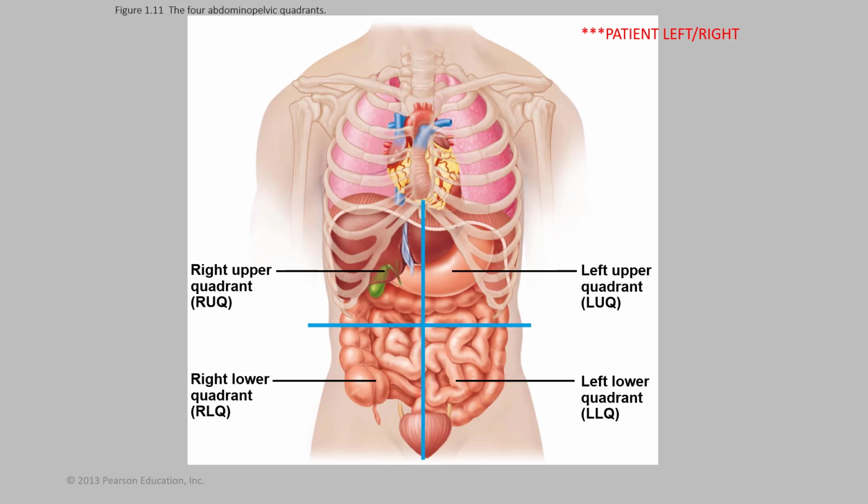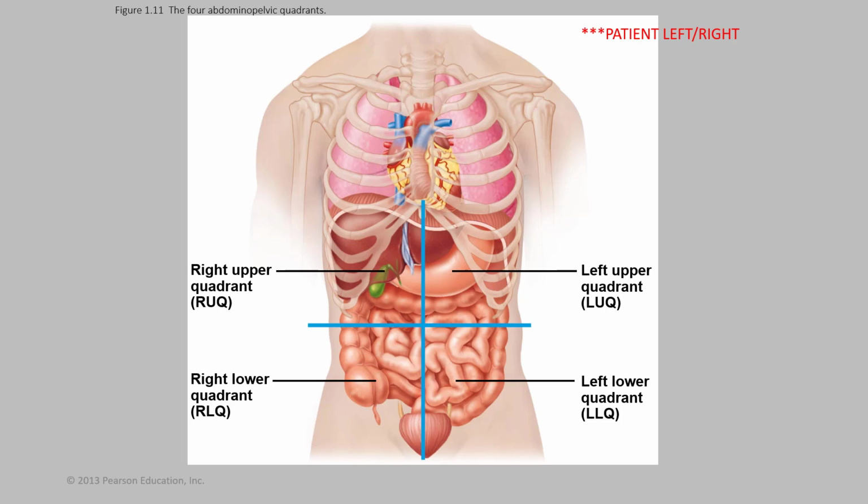There are 4 abdominopelvic quadrants, and we can do this by making a plus sign or a cross with the intersection of the lines at the navel, at the belly button. And here it becomes very important to remember when we talk about the patient, we have to use the patient's left and right, not our own left and right.